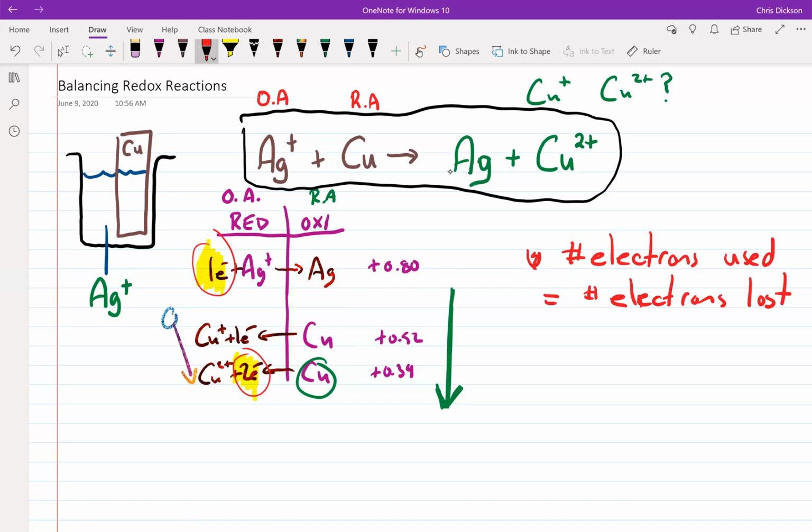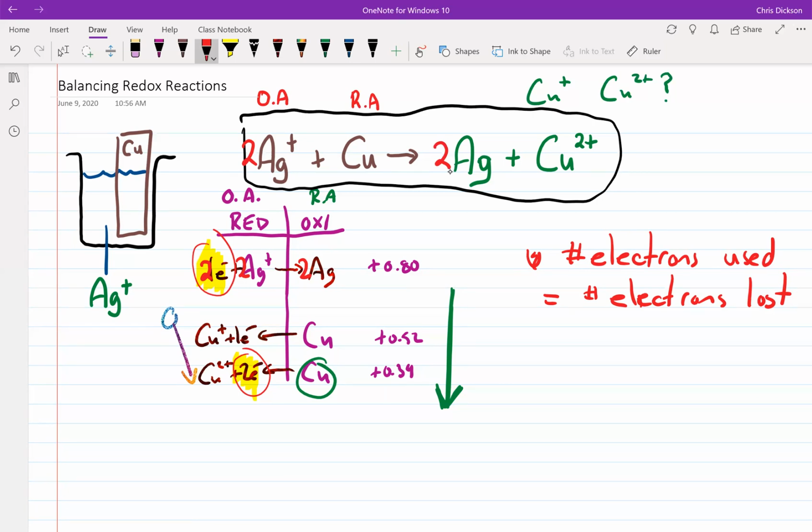The copper produces 2 electrons, but the silver takes 1 electron. So we look for the lowest common multiple of these numbers, which is 2. That means the silver would take 2 electrons, but we need 2 silver ions to do that, which would make 2 silver atoms. So to balance this reaction, we have to have a 2 and a 2 here. There's never electrons left over in a redox reaction.